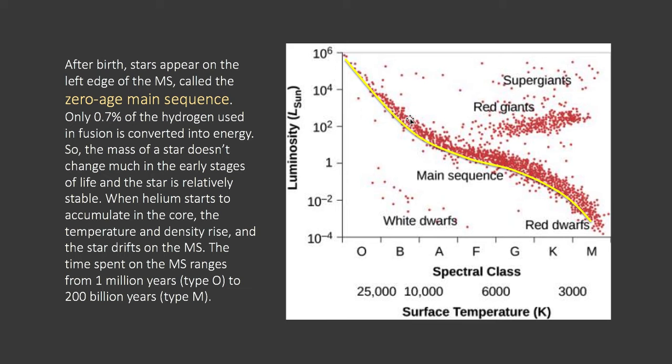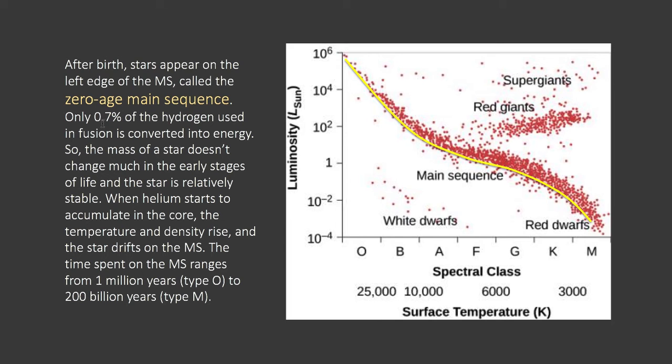Now, during the part of its life cycle on the main sequence, its mass isn't going to change very much. The energy that it's creating is only using a little bit of mass. Hydrogen is converting into helium, and a small fraction of that hydrogen's mass is converted into pure energy and released as light.